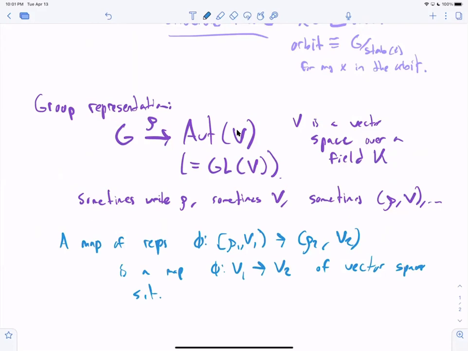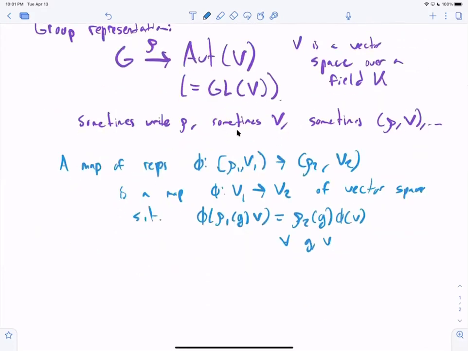You can write this as: if I take phi and apply rho_1 of g first, that's the same as applying rho_2 of g after applying phi, for all g and v.